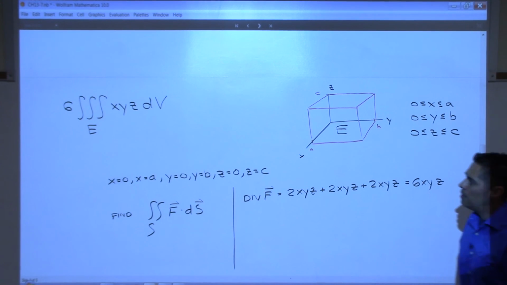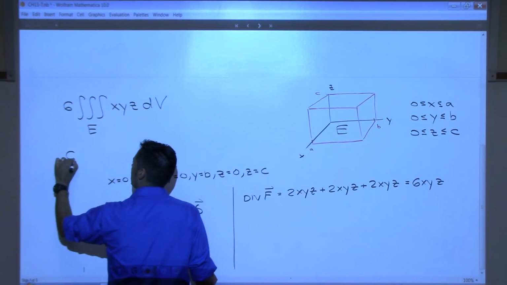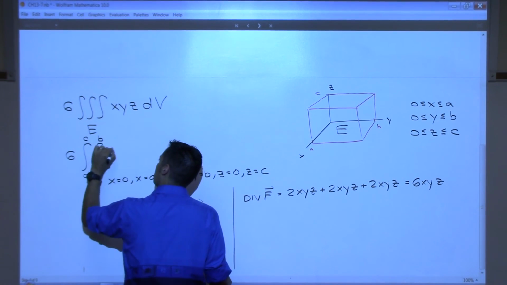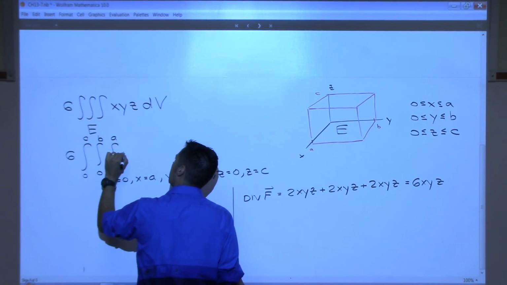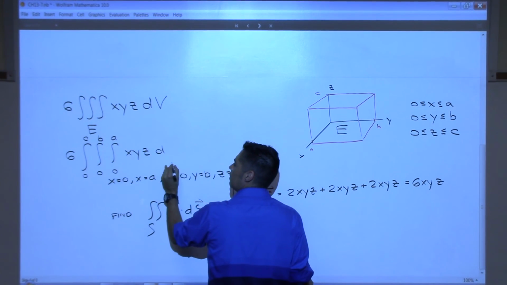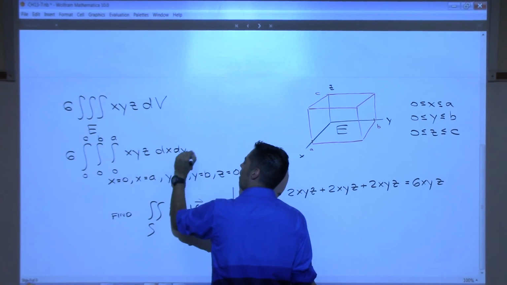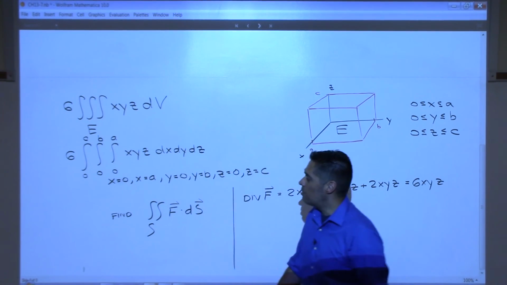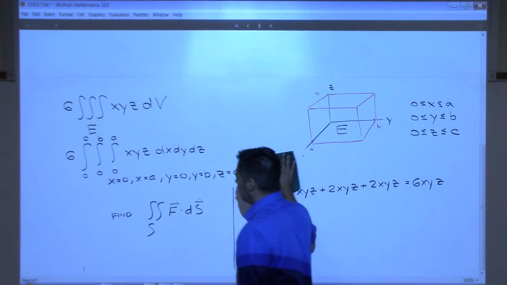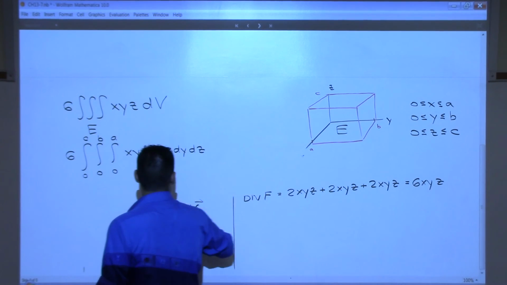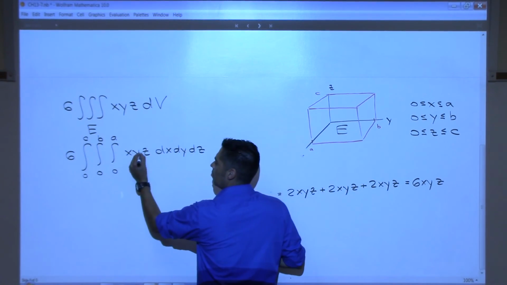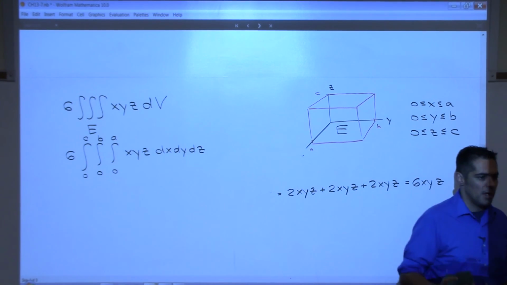And so my triple integral over here turns into 0 to c, 0 to b, 0 to a of xyz dx dy dz. I could have done that in any order, right? Since these are all separated by multiplication, can I break this into 3 integrals and multiply them together?